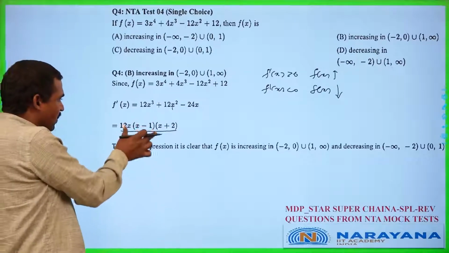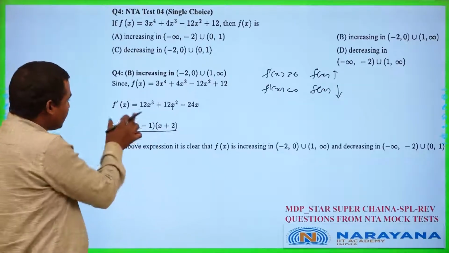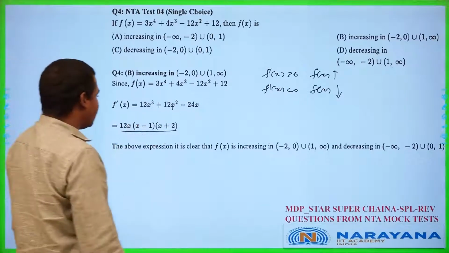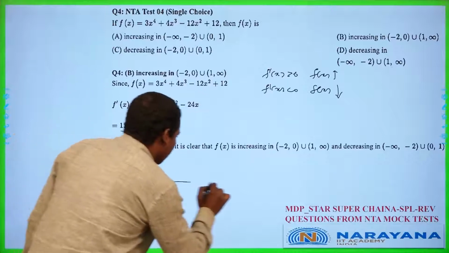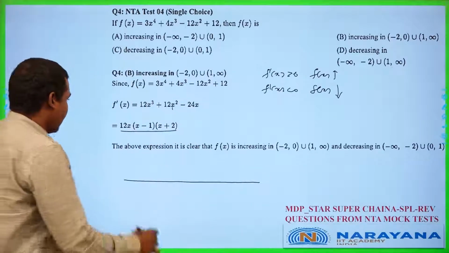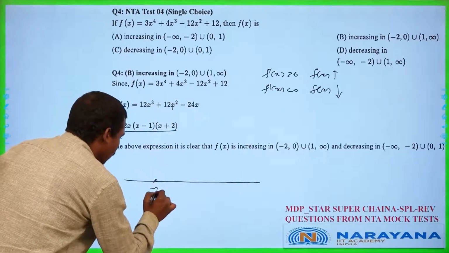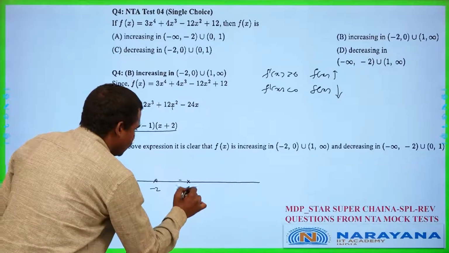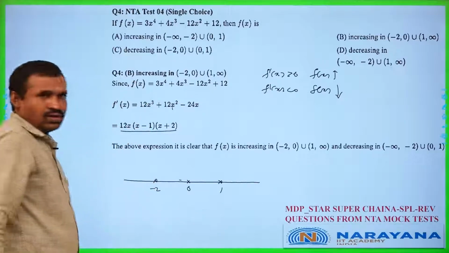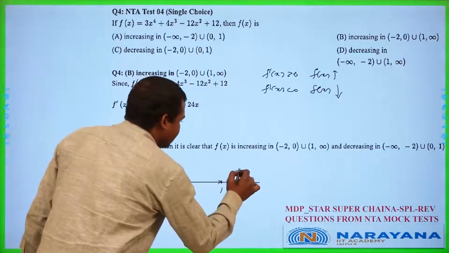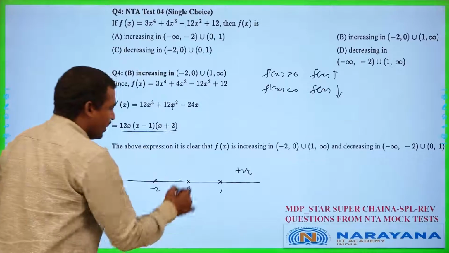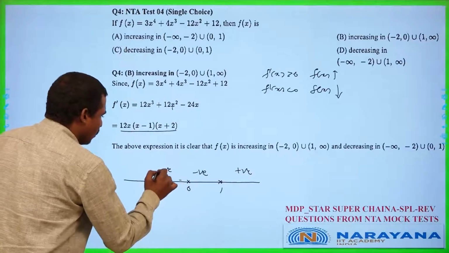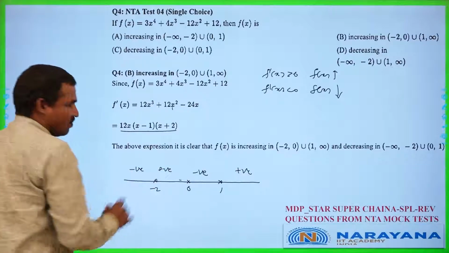If you find the intervals in which f dash x is greater than 0, on the real line, the roots are minus 2, 0 and 1. So, in the interval f dash x is positive, here f dash x is negative, here f dash x is positive, here f dash x is negative.